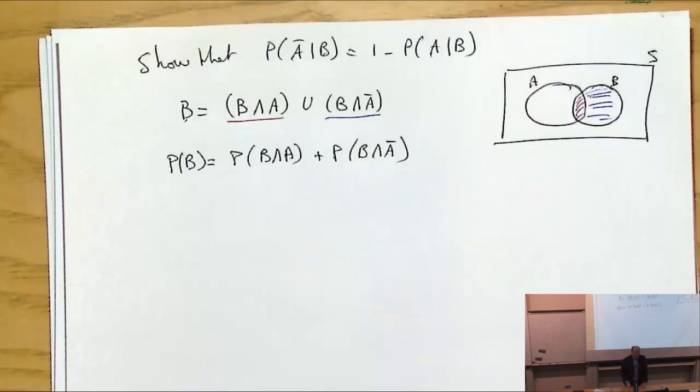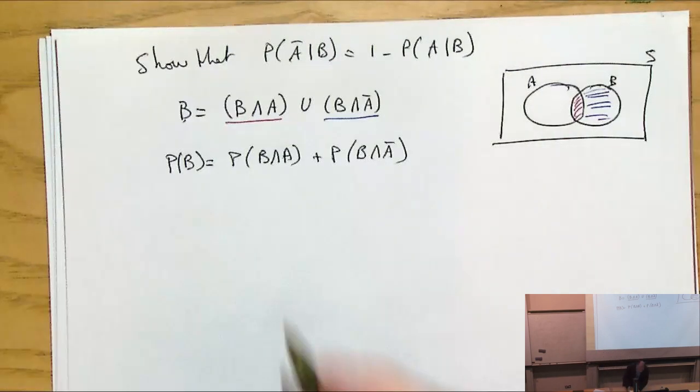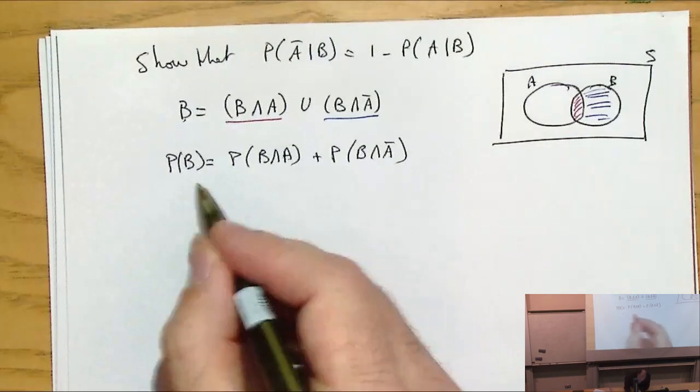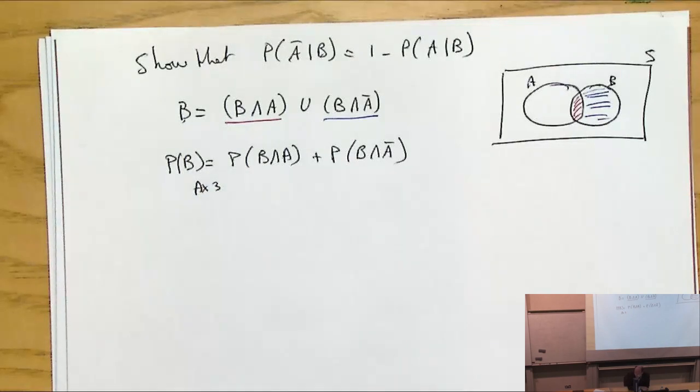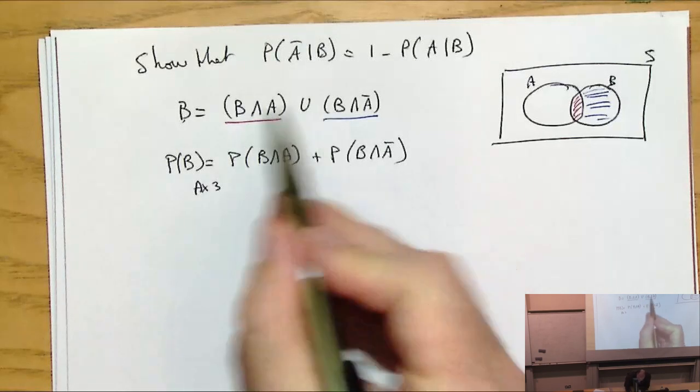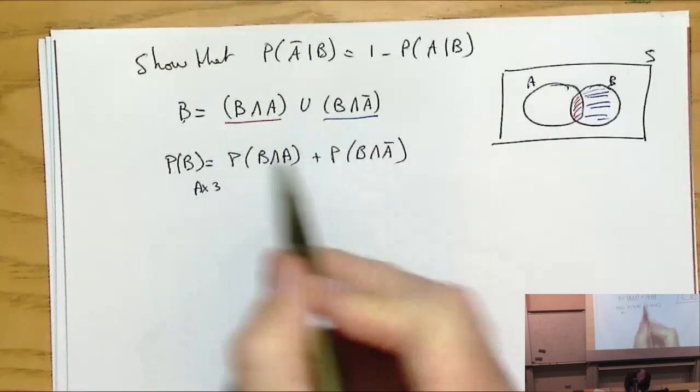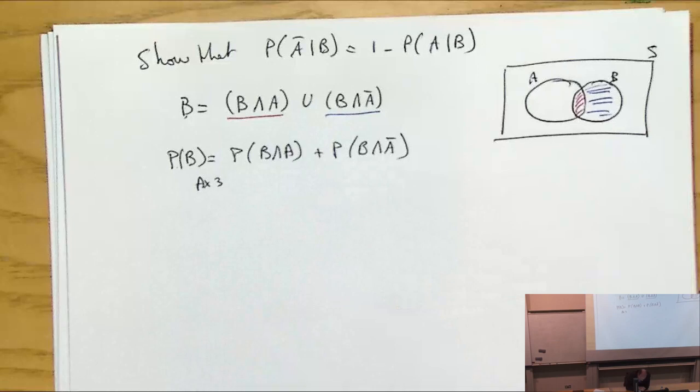Why can I write this? Because the two sets, B intersection A and B intersection not A, are disjoint. That's axiom 3. Once they're disjoint, the probability of the union of the two is the sum of their probabilities.